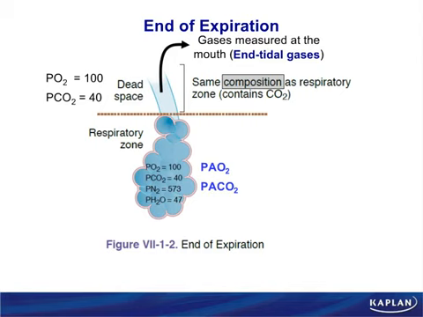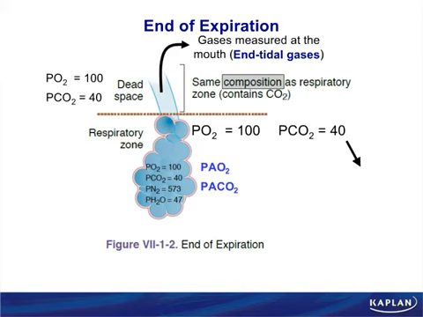So in other words, a shorthand way of saying that, end-tidal gases are alveolar gases. So when I measure this at the mouth, at the end of expiration, the PO2 will be 100, PCO2 will be 40.